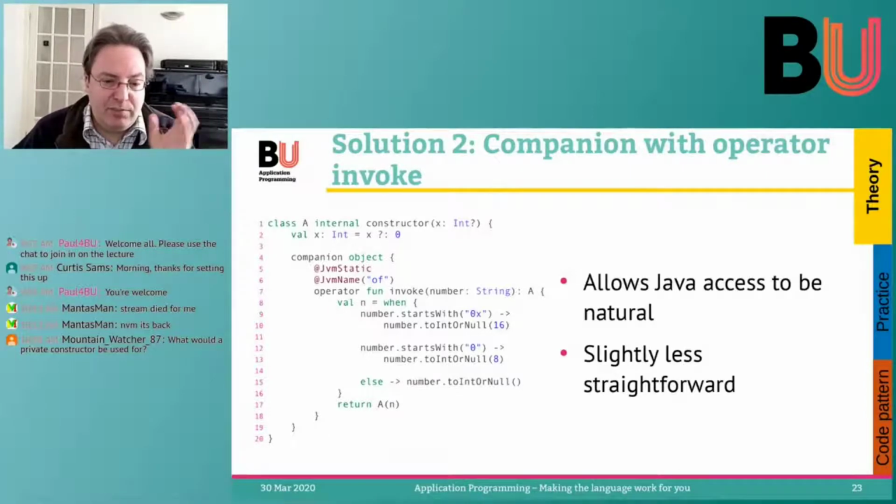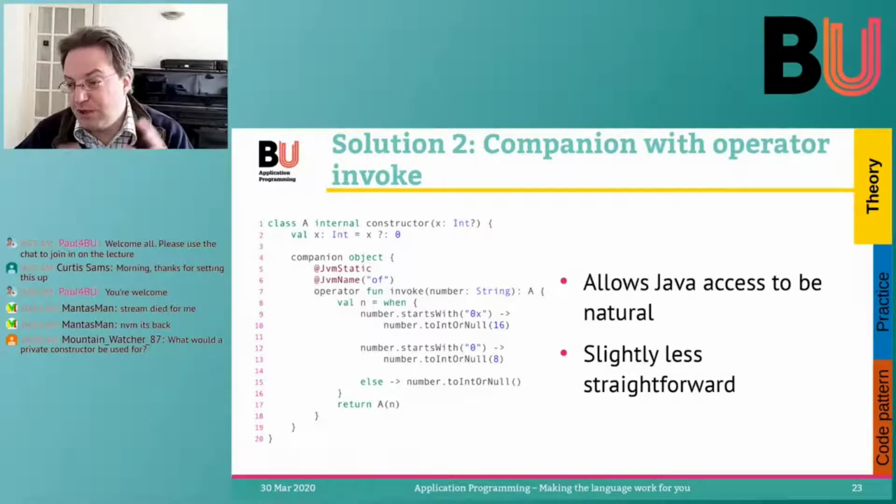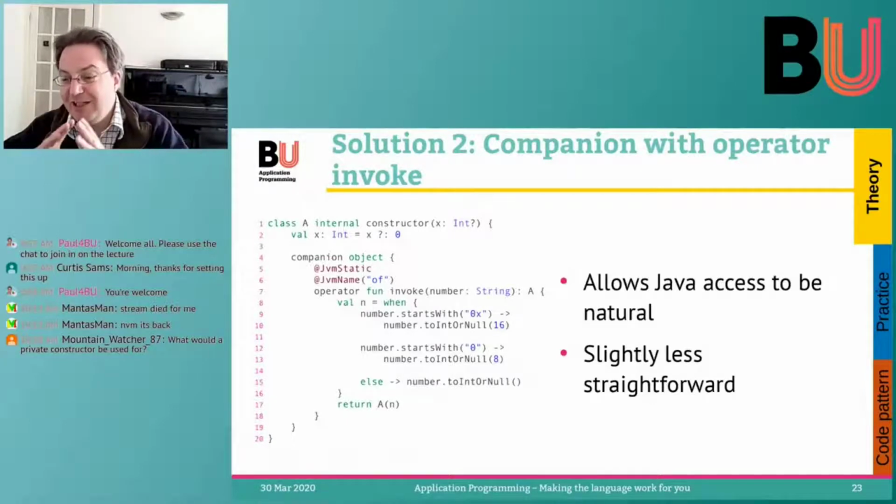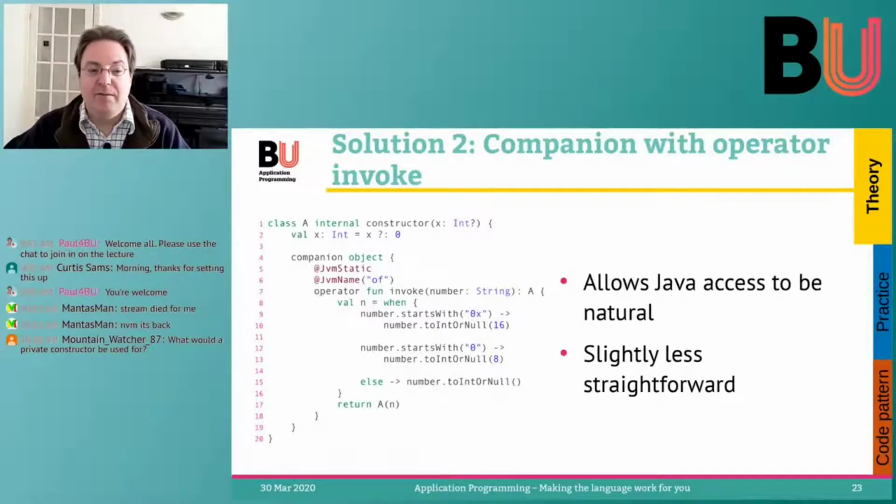And so it can make natural Java access. It's slightly less straightforward, but it does allow you also to have private constructors to kind of close it off really except for inside the class. So it might be better to do this rather than having the free function, although free functions are also quite popular and work well as well.